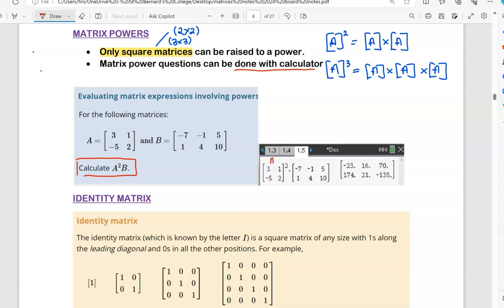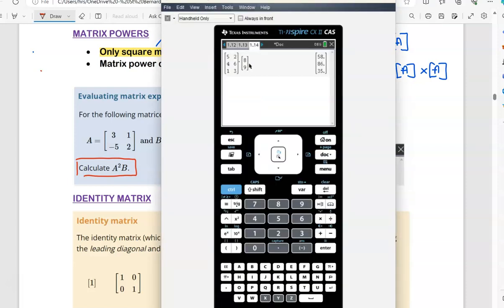So here you can see I've typed in matrix A and I've raised it to the power of 2. Now I'm just going to show you in case you're not aware of that. So here I've got that 2x2 matrix and I've popped in the numbers. So this one's 5 and this is 2.